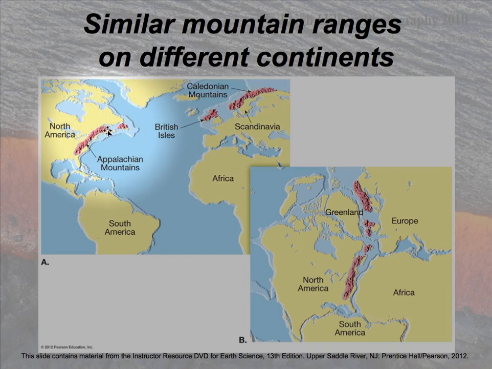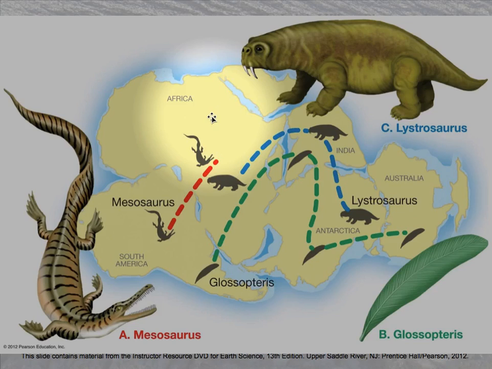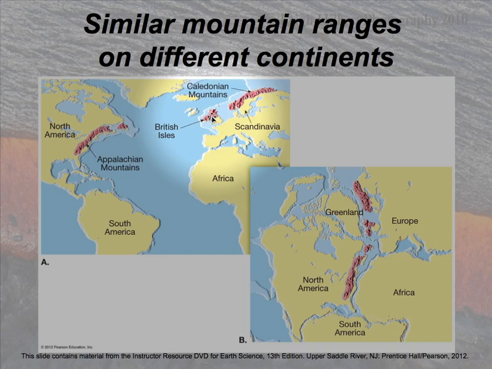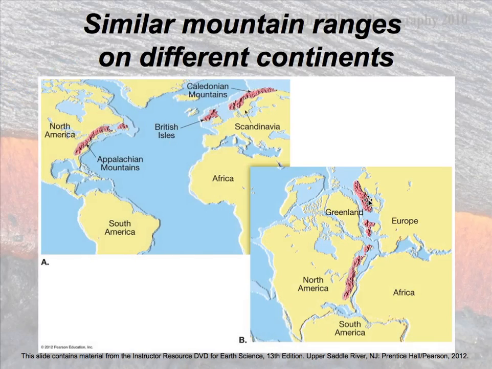The exact same rocks and patterns of stratification and evidence for structural processes occur or are shown in mountain ranges in the British Isles as well as the Caledonians in Scandinavia. The explanation is that at one point when North America was much closer to Africa and Europe, those mountain ranges in this boundary were built and were only separated by geologic processes over hundreds of millions of years.